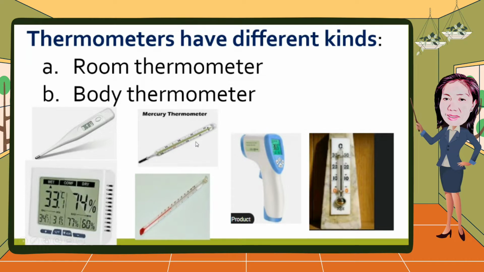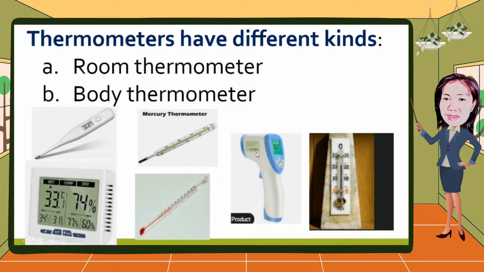If this mercury comes in contact with our skin that has a wound, for example, this is very dangerous. So mercury actually is not advisable anymore, but only alcohol thermometer.